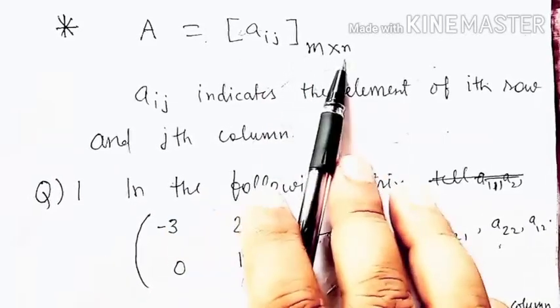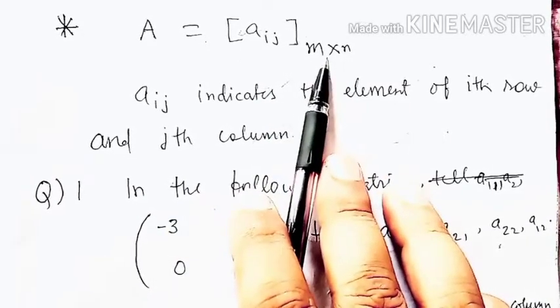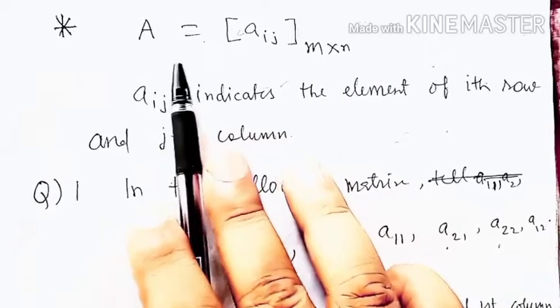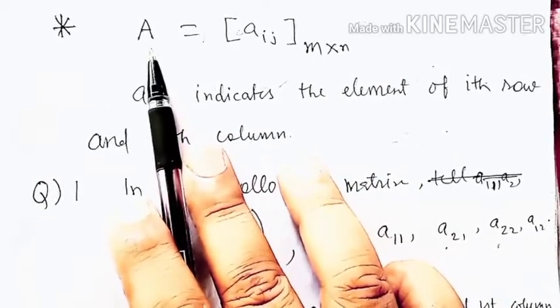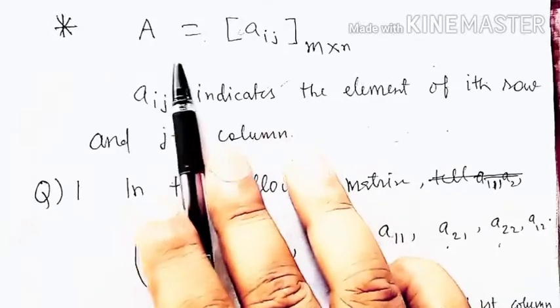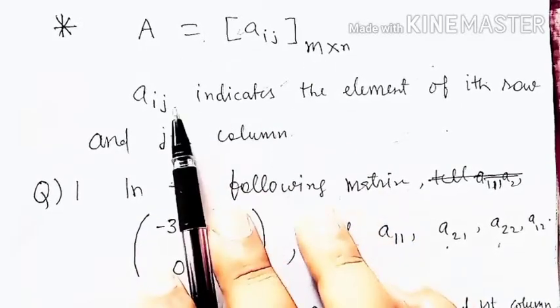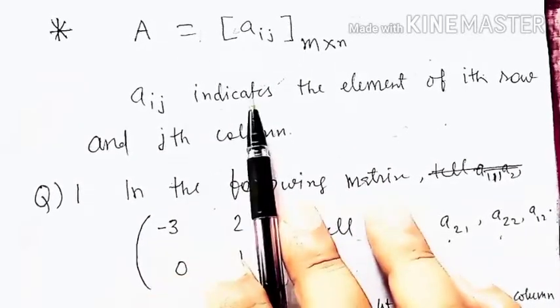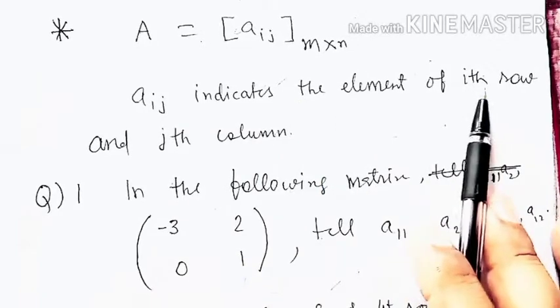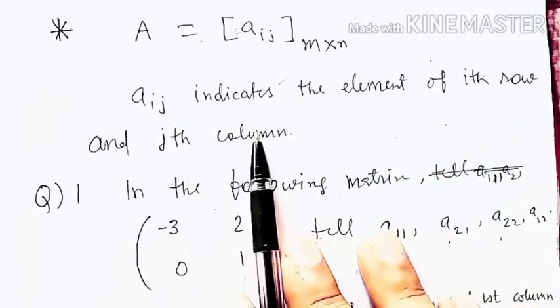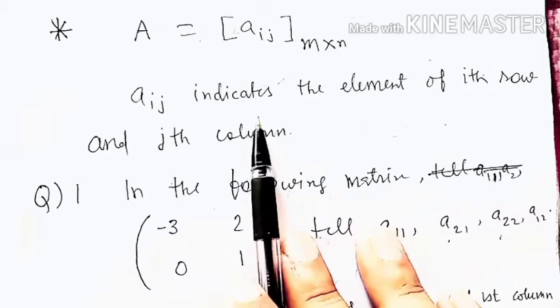Here m cross n is the order of this matrix, that is, its number of rows is m and its number of columns is n. Here Aij indicates the element of the ith row and jth column, where i and j are natural numbers.